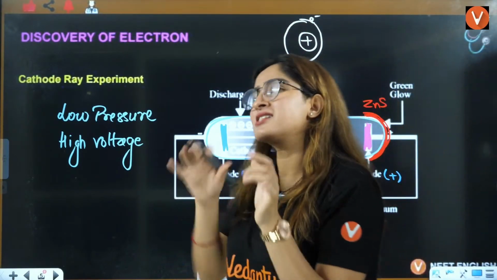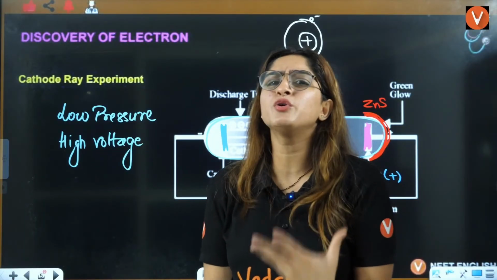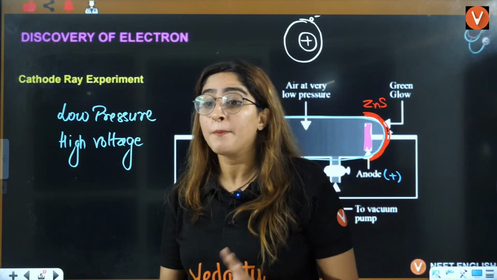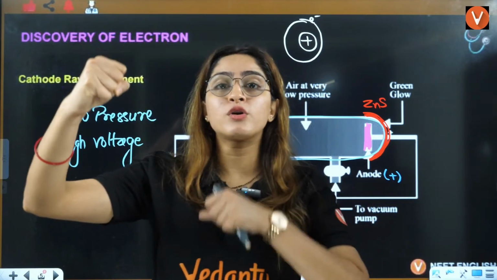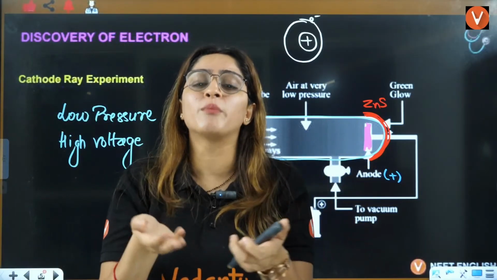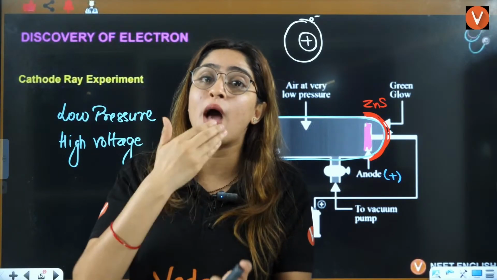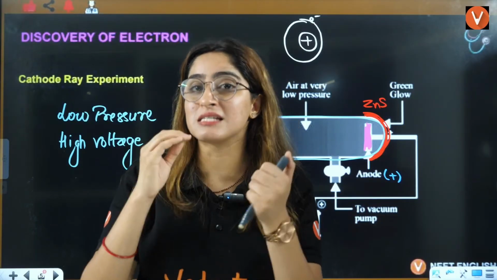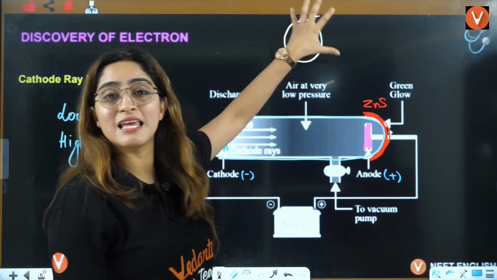They knew that some particles are inside it. They even knew what these particles are. They knew some particles would be inside the atom, but we need to take those particles out of the atom. For that, we need very high energy. That's why a very high potential is needed to ionize these atoms.